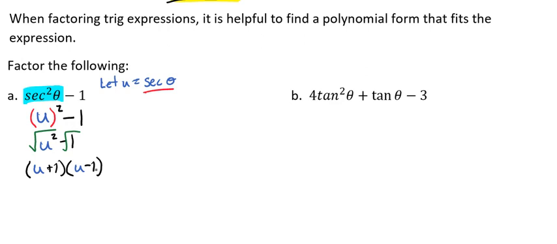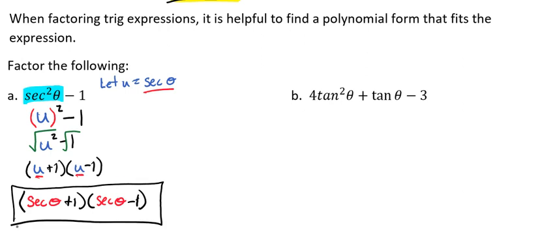Now that I have it factored, I want to plug back in what our u meant. Remember, our u is the secant of theta. So this becomes the secant of theta plus 1 and the secant of theta minus 1. And we're finished.